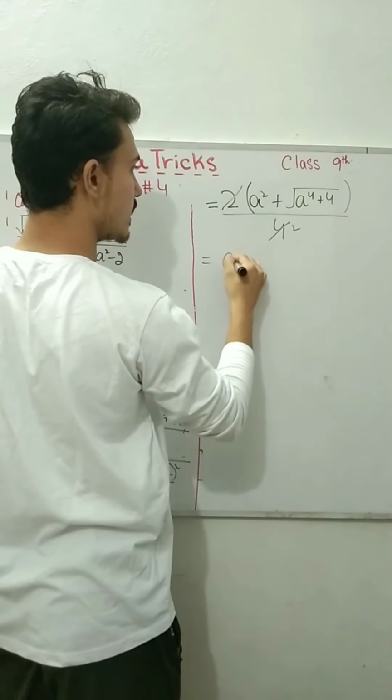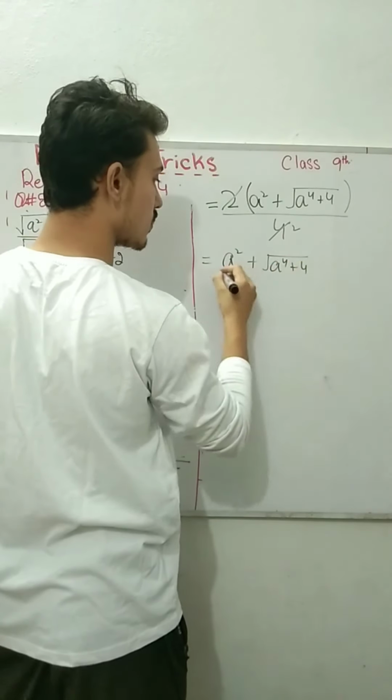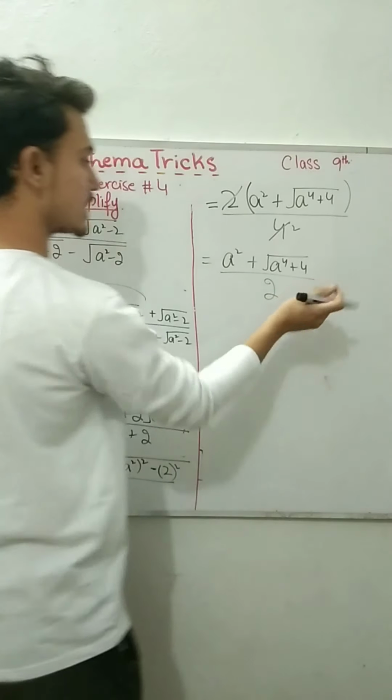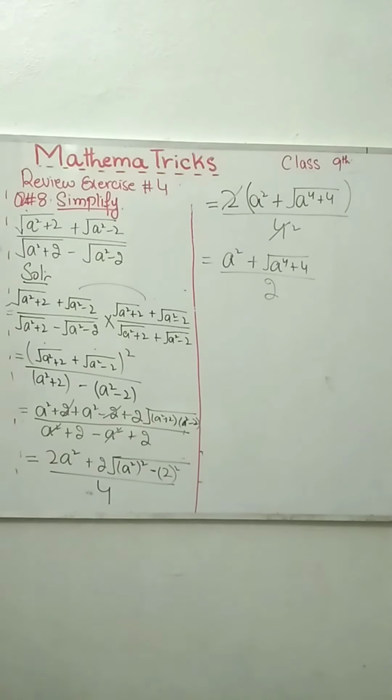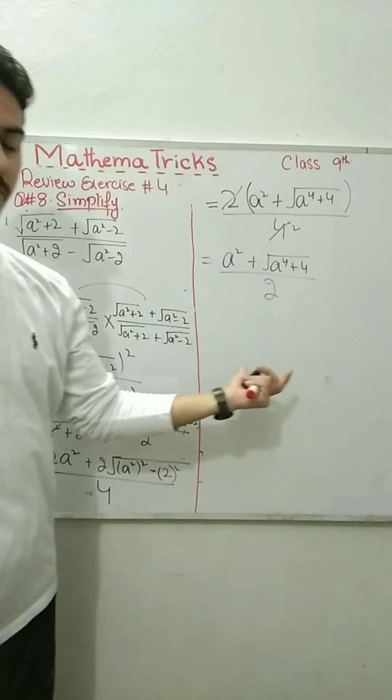What I got? A square plus square root of a to the 4 plus 4 over 2. That's how we simplified this bigger value into a smaller value. This is how you can simplify.